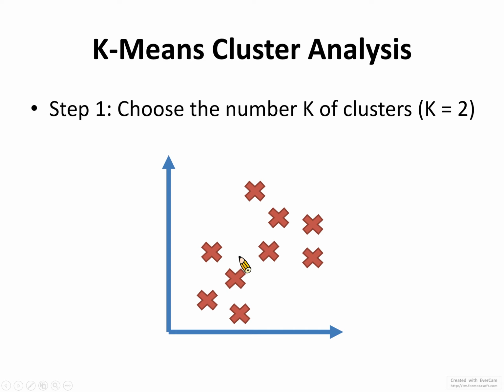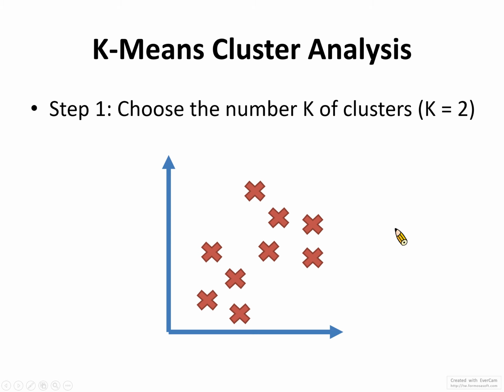But in this case, just for visualization, we define our data to have 2 parameters. One is plotted on the x-axis, and the other we use as the y-axis. So suppose we have 9 data points, and we want to find out how many clusters are in this data.